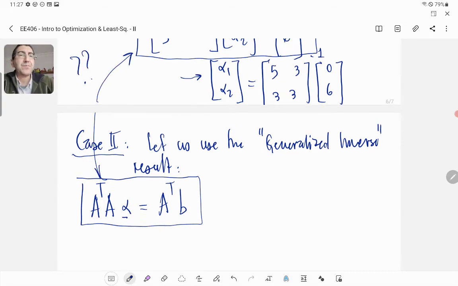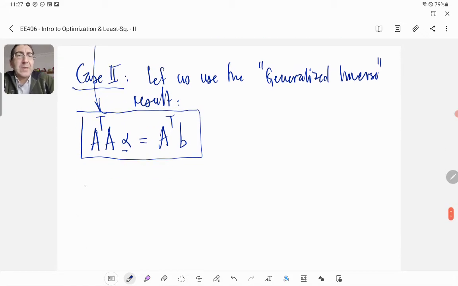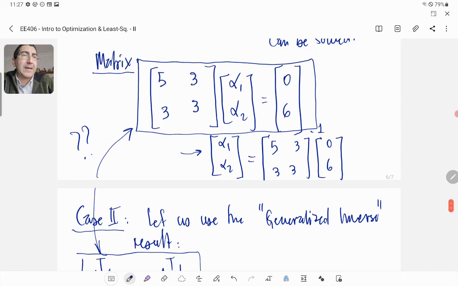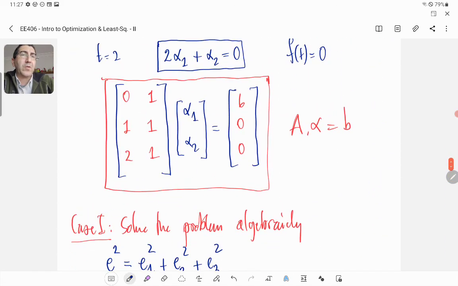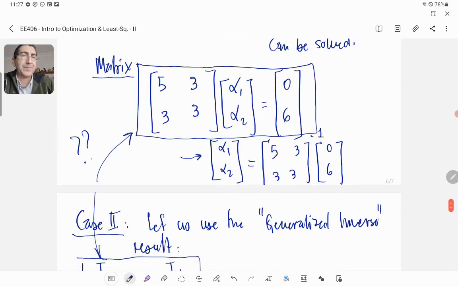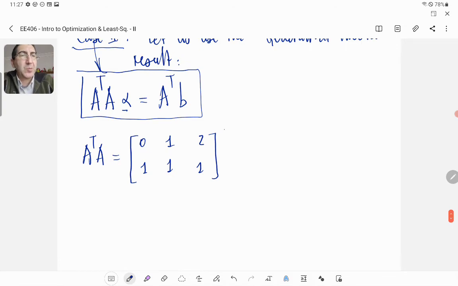Let's calculate A transpose A. Remember what A was. A transpose is 0, 1, 1, 1, 2, 1. Let me go back and remind you what A was, over here. I'm taking the transpose of this A matrix, and I'm also going to use the B matrix over here.